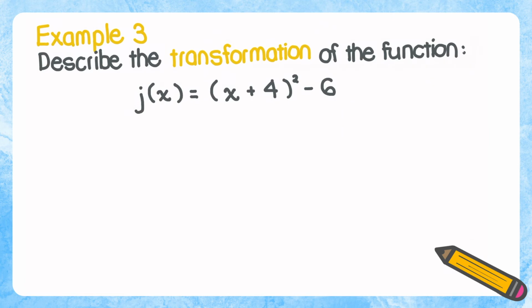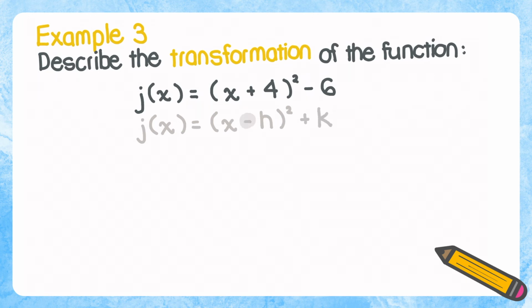Let's do one more example together. Describe the transformation of the function j of x equals x plus 4 quantity squared minus 6. The general form is j of x equals x minus h quantity squared plus k.